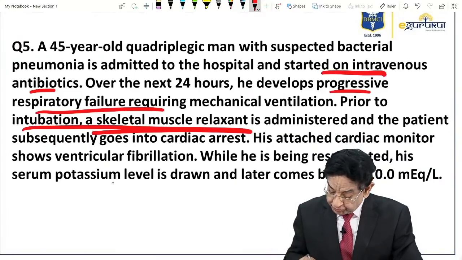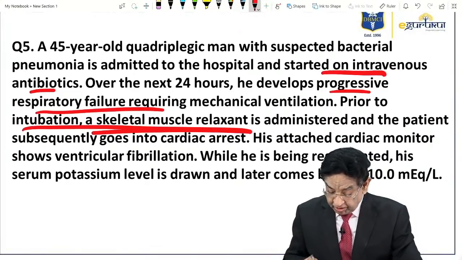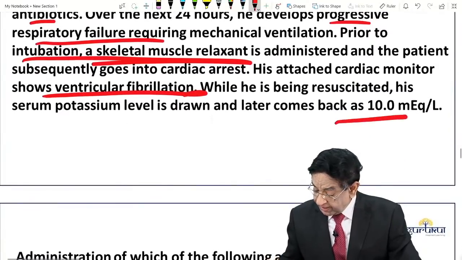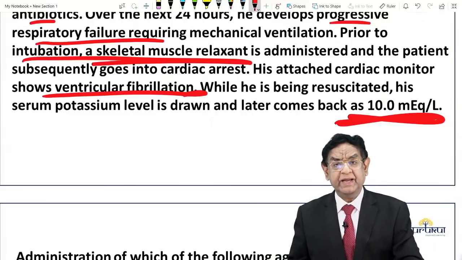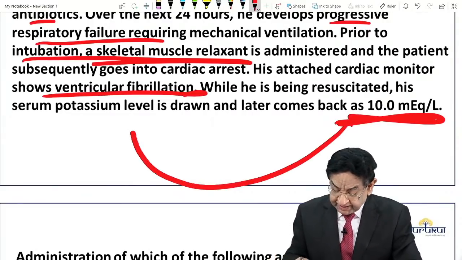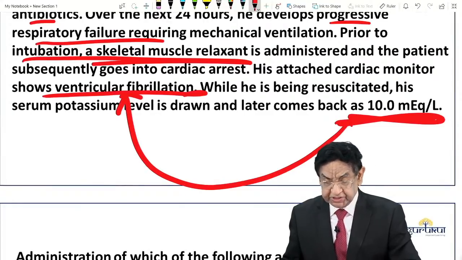Okay, and after you give it, he gets ventricular fibrillation and potassium is 10. Oh, very, very high. Extremely high. It's so high, it has led to ventricular fibrillation.